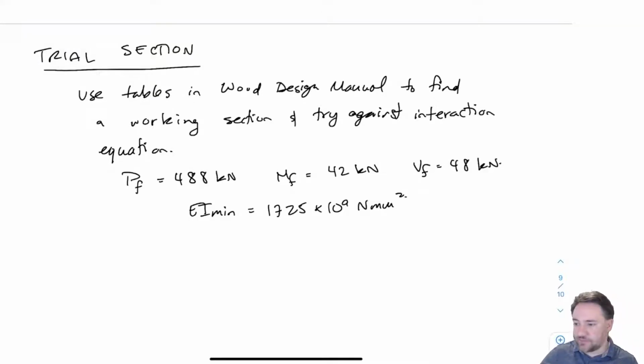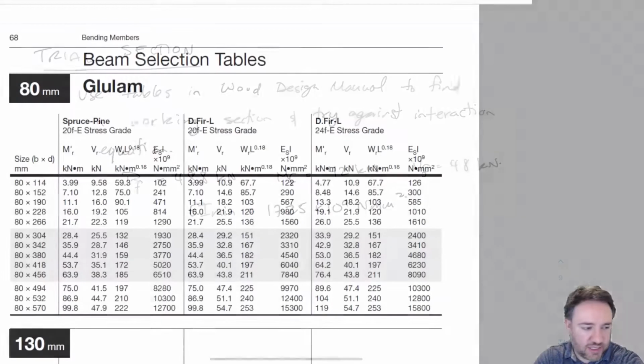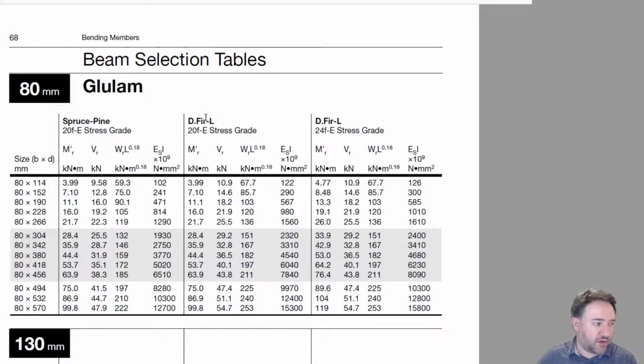All right, so let's start with moment capacity and shear capacity and EI. Remember, we've got to leave some excess moment capacity to take account of the combination equation.